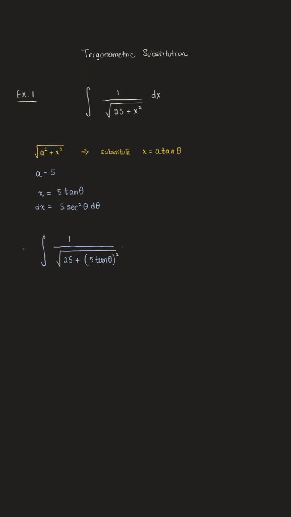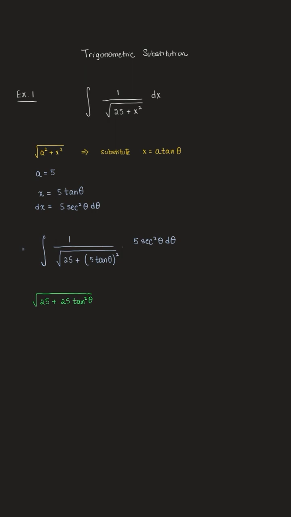And then dx is 5 secant squared theta d theta in terms of theta. Let's work on what we have within the square root. So we have the square root in the denominator of 25. I'm going to go ahead and square 5 tangent theta to get 25 tangent squared theta.